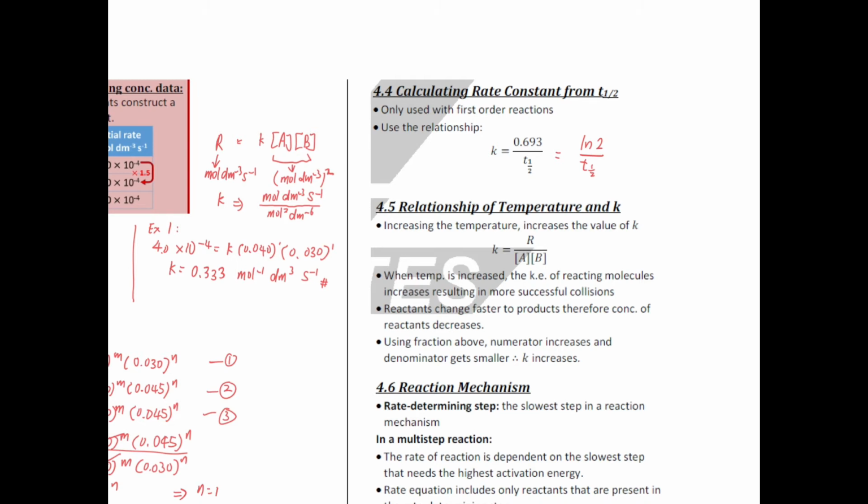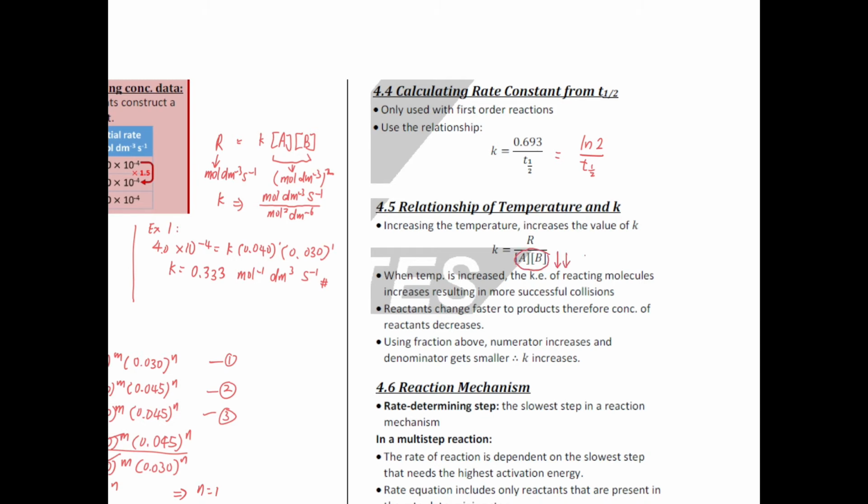Now, when temperature is increased, the kinetic energy of the reacting molecules increases. So that means they move faster, resulting in more successful collisions. Logically true. If they move faster, then successful collisions happen more frequently. So reactants change faster to products, therefore the concentration of reactants decreases.